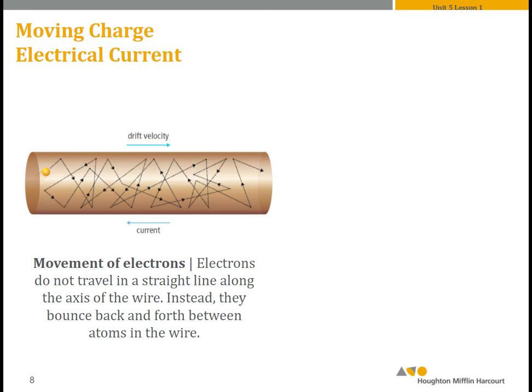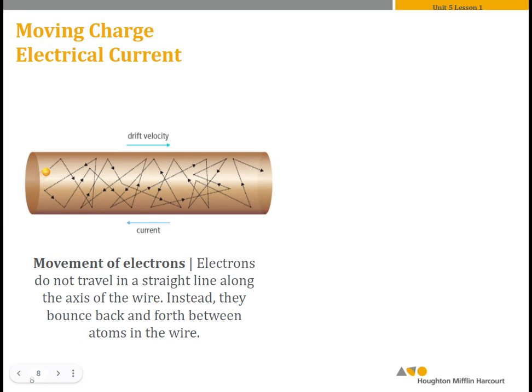A coulomb, remember, is a unit of charge, and it is actually a pretty huge number of charges. If we're talking about the charge of an individual object, remember we use microcoulombs. So one coulomb is a pretty sizable amount of charge.